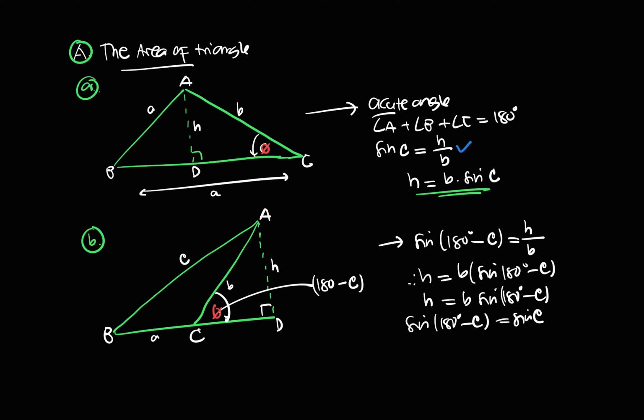So you can substitute it. Sine 180 minus C is h over b. Makes sense, right? So then we can find that h is the same thing as b sine C.